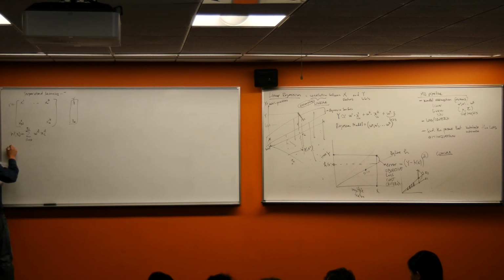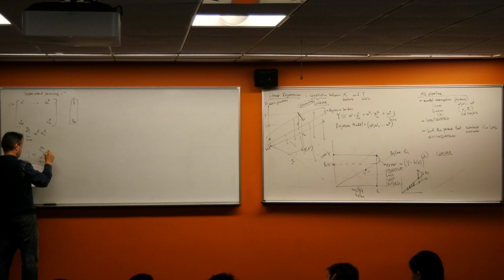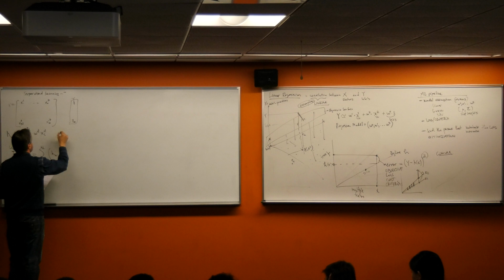And the error or loss, I'm going to call it J. J is a function of, we'll see in a second, this regression that's based on the W coefficients.